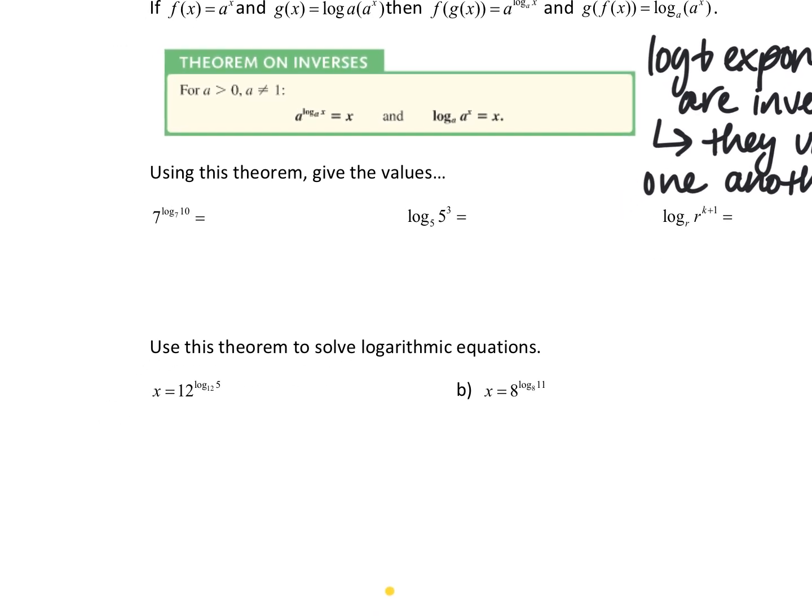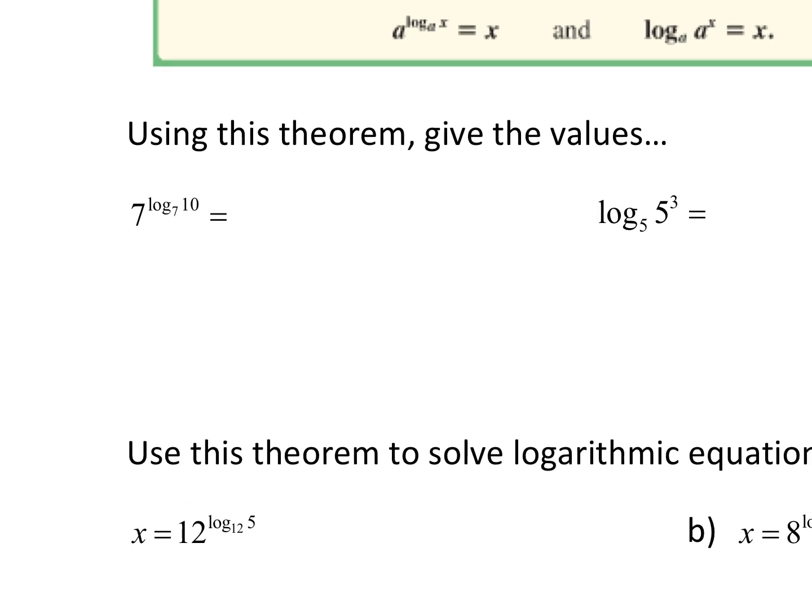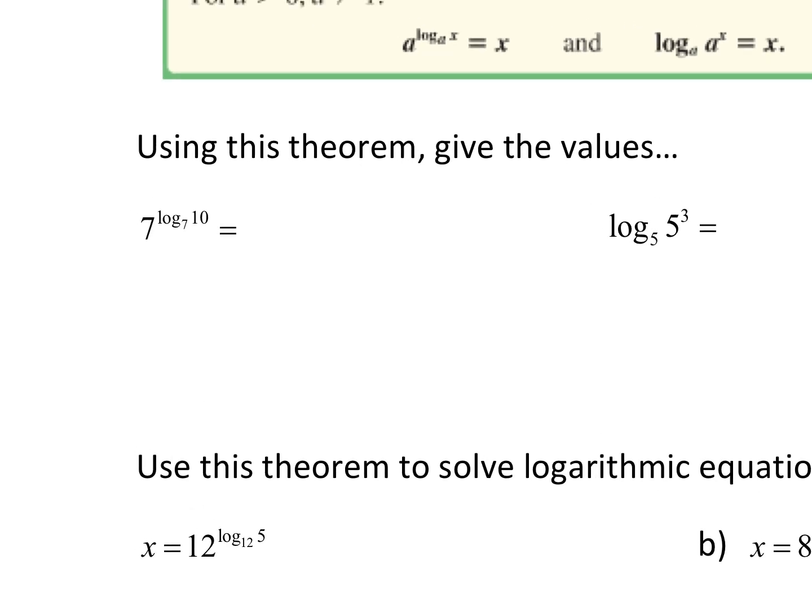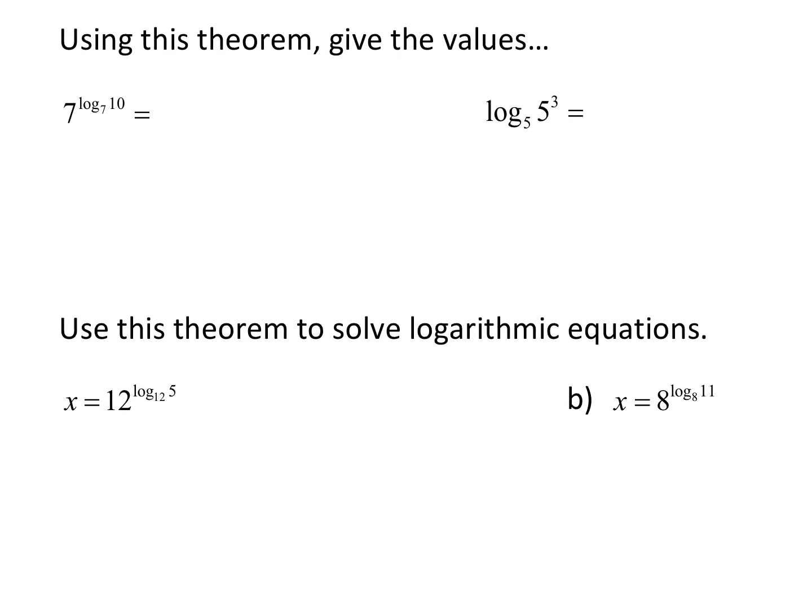So we'll do a couple together, and I'll leave most of them to you. For example, if I have an exponential base of 7 raised to a log base of 7, then these two just cancel each other out, and I'm left with 10.